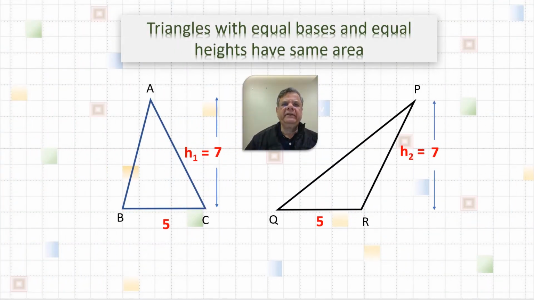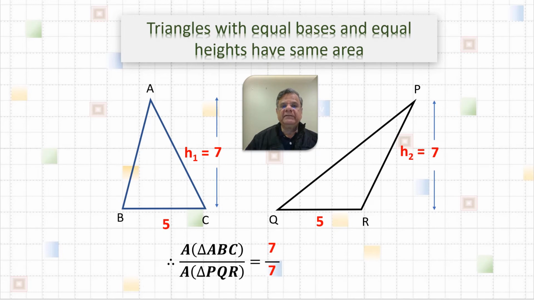Corollary number 3. Triangles with equal bases and equal heights have same area. Consider two triangles ABC and PQR with equal bases BC and QR and equal heights H1 and H2. As triangles ABC and PQR have equal bases BC and QR corresponding to their heights H1 and H2, area of triangle ABC upon area of triangle PQR is equal to H1 upon H2.